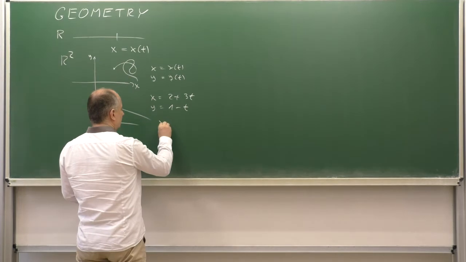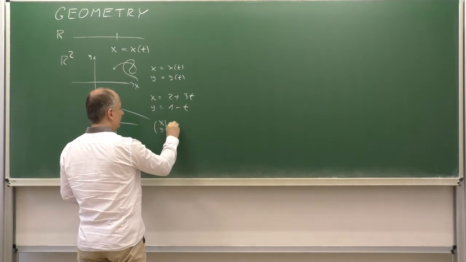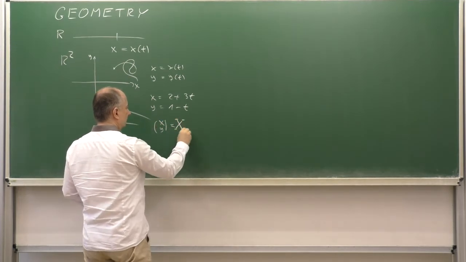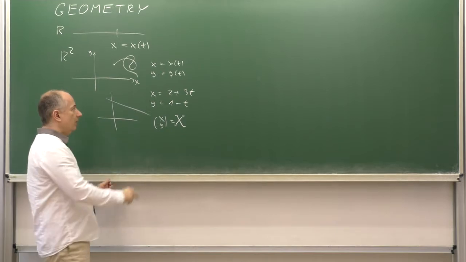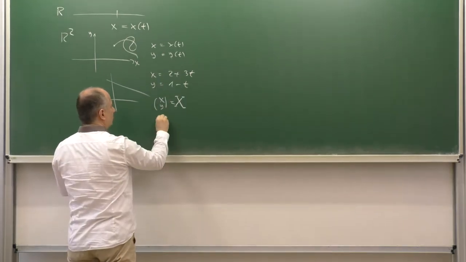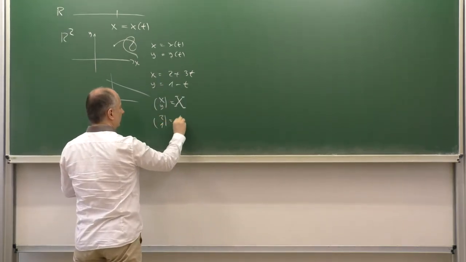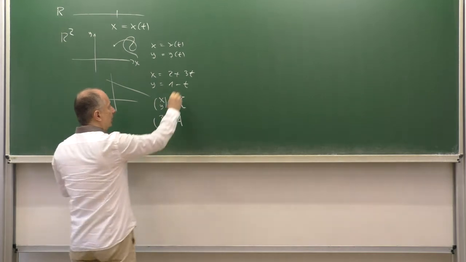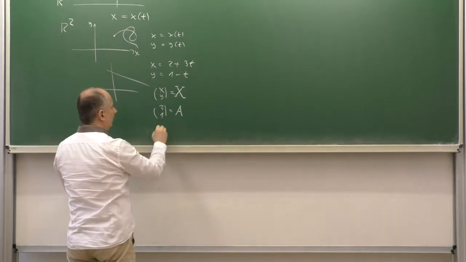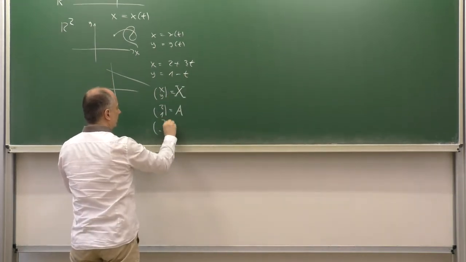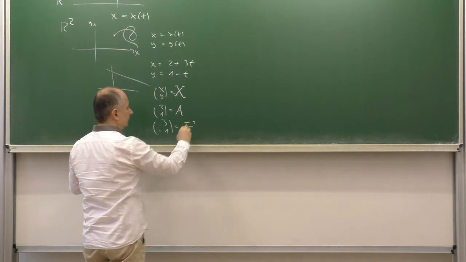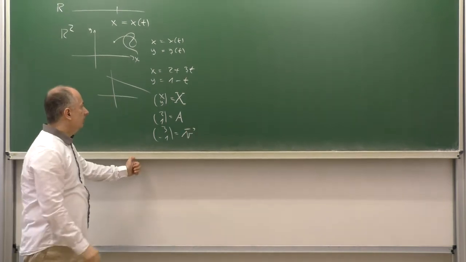We can call the two coordinates x, y a vector or point capital X. We can consider these 2 numbers as a point A, and we can consider these 2 coefficients, 3 and minus 1, as some tangent vector v.